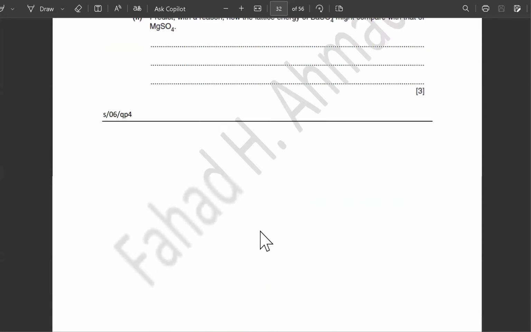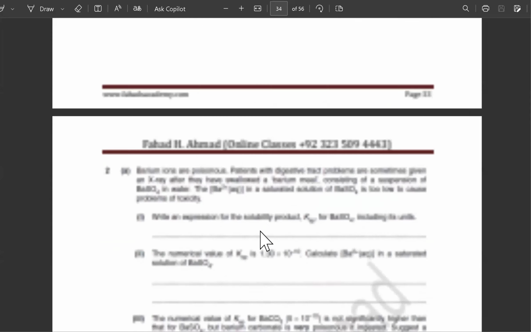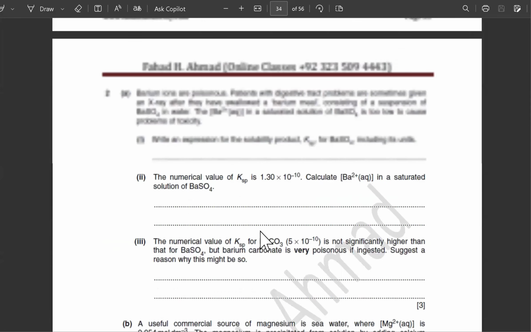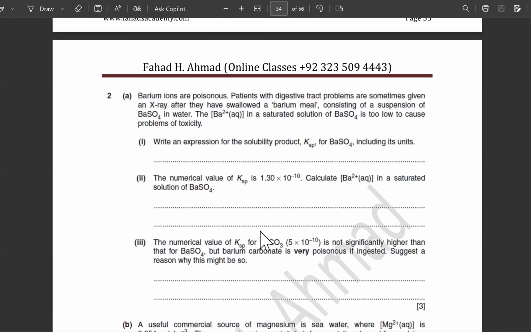So this one is more about lattice energy. Where are the Ksp questions? Here's a Ksp question. Okay, so here's a question. It says write the expression for the solubility product Ksp for BaSO4, right? So BaSO4 solid dissolves, dissociates and produces one barium ion and one sulfate ion, right?